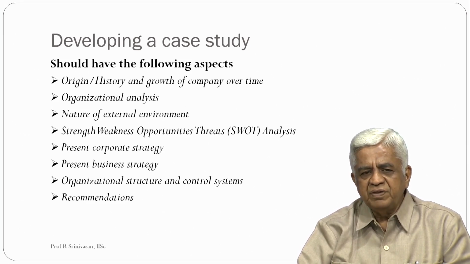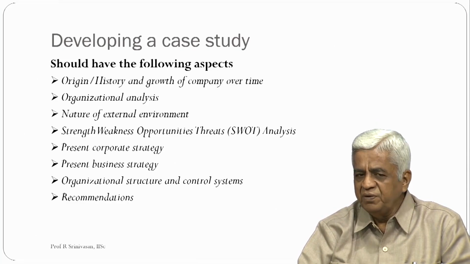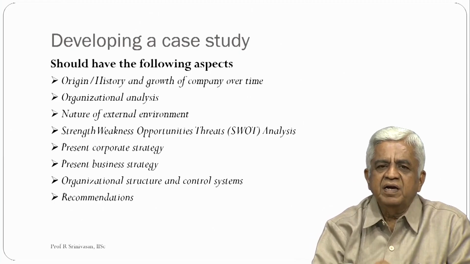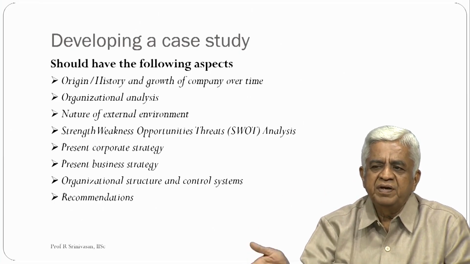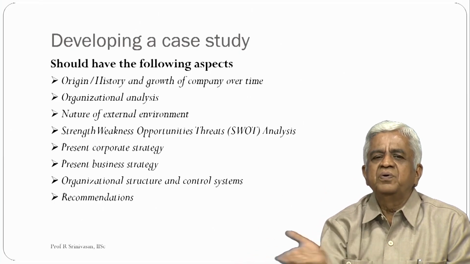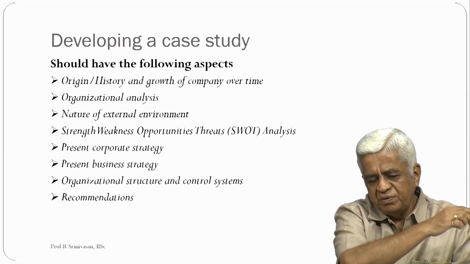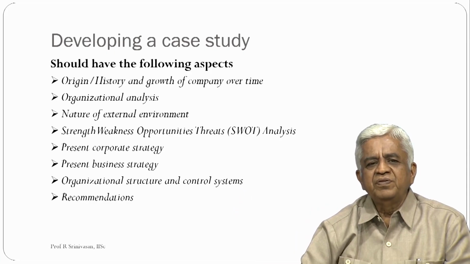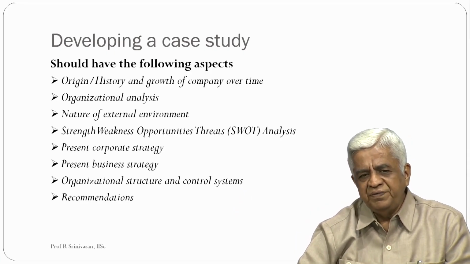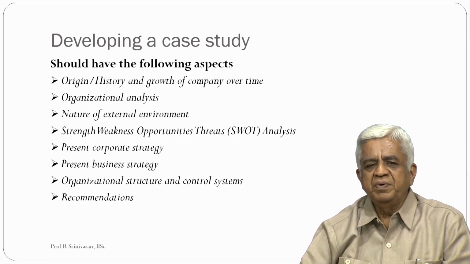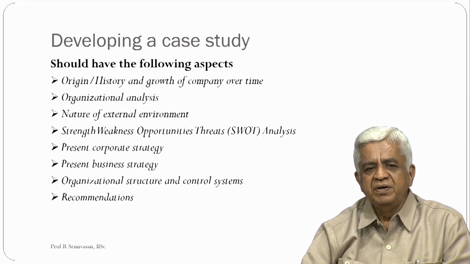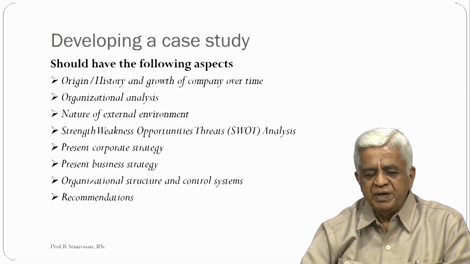This is one of the essential aspects that you have to dwell on. That is, you should not immediately come to the present year. You have to go back in time and slowly bring it to the present year. So, this origin or history and growth of the company over time forms the first aspect of developing a case study.